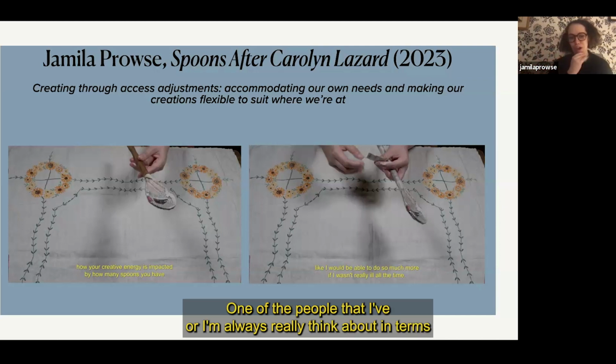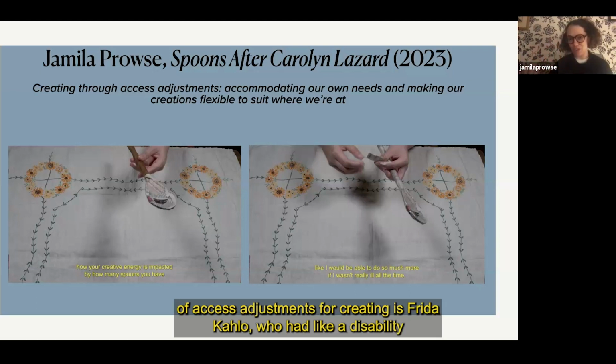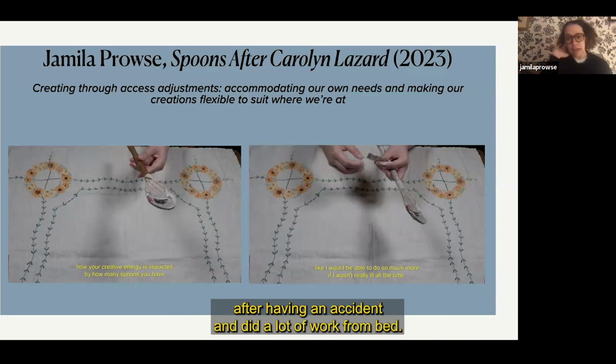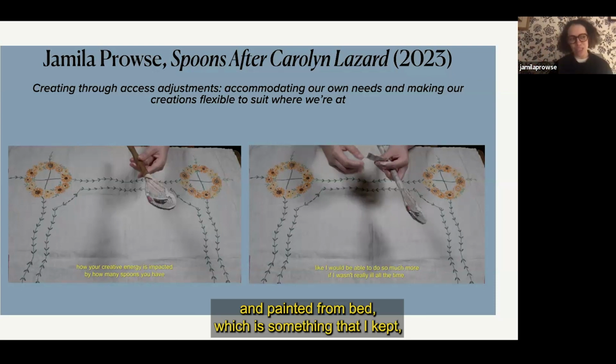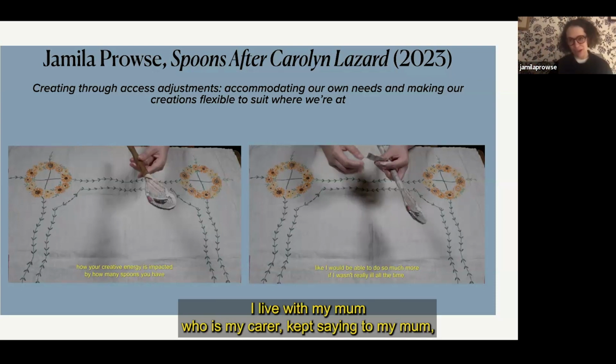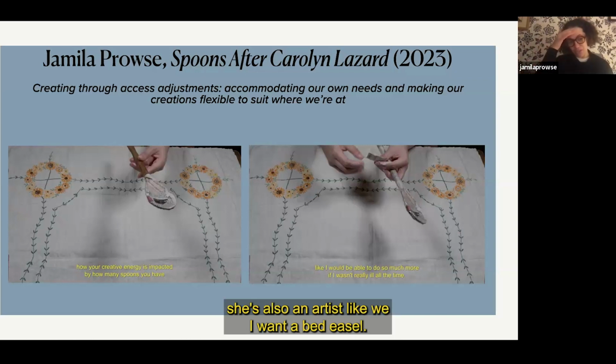One of the people that I always think about in terms of access adjustments for creating is Frida Kahlo, who had a disability after having an accident, and did a lot of work from bed. So Frida created a kind of bed easel and painted from bed, which is something I kept saying to my mum, who I live with and who is my carer, she's also an artist: I want a bed easel.